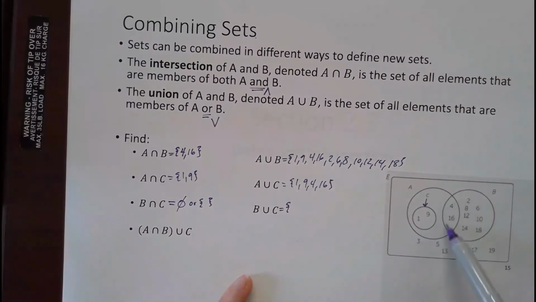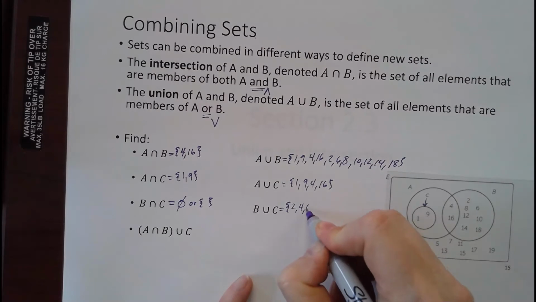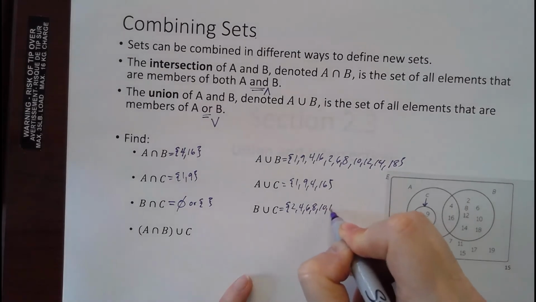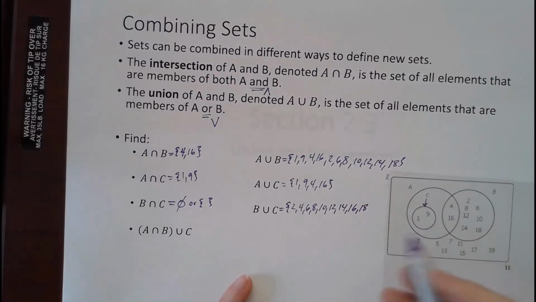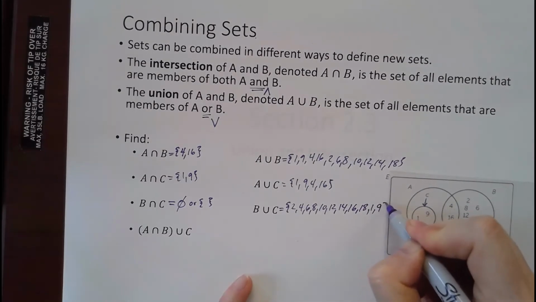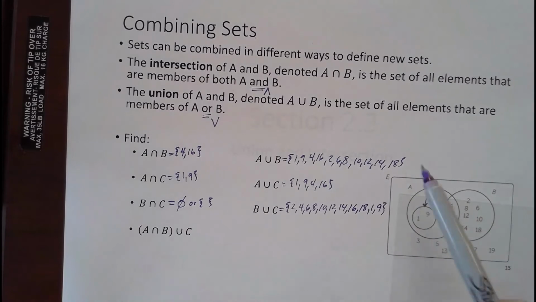So we have all of this stuff in B, so 2, 4, 6, 8, 10, 12, 14, 16, 18. And then we also have the 1 and 9. And yes, you're right, Evan, it is the same as this one. They're just in a different order, but it's easier for me to see that way.